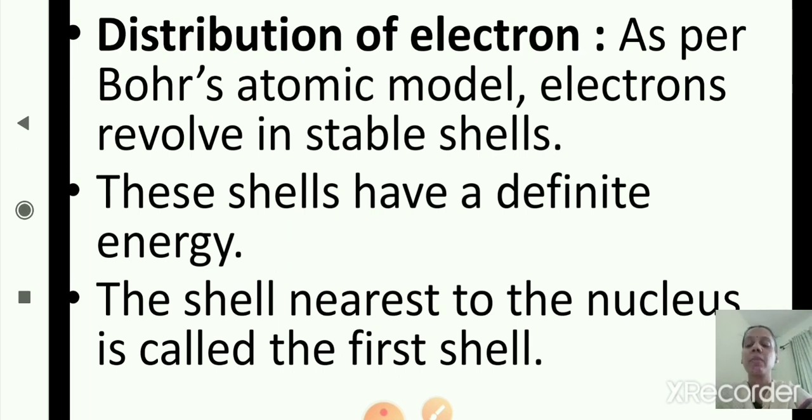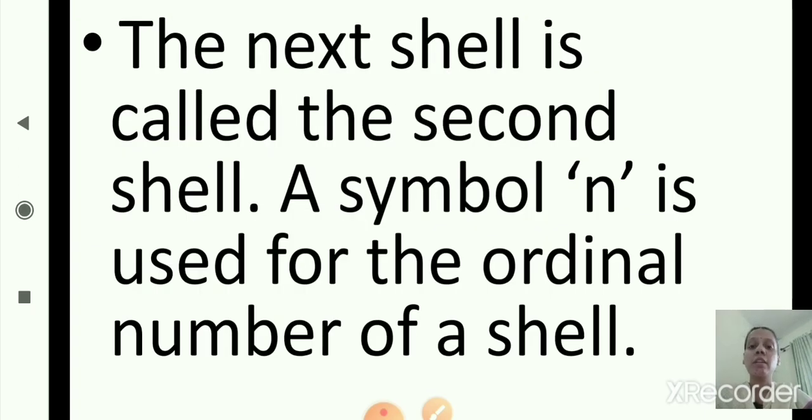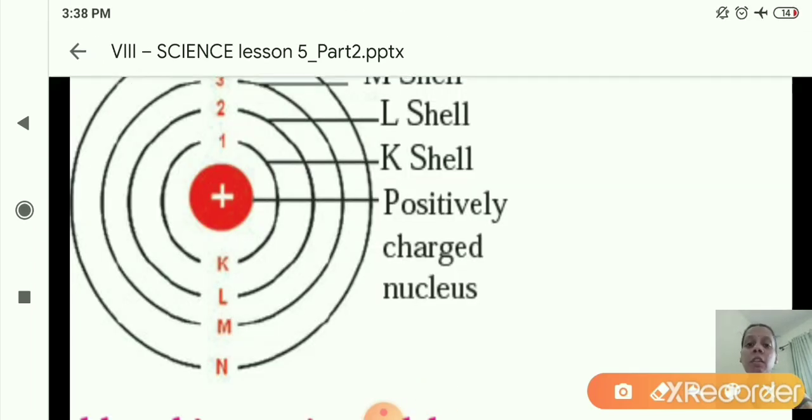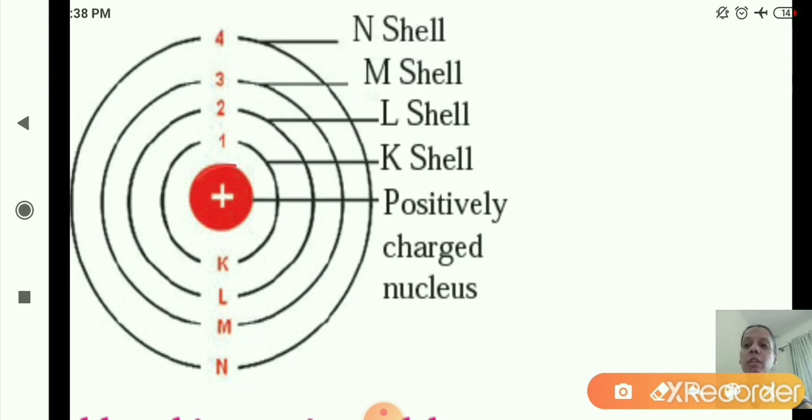highest energy. The shell nearest to the nucleus is called the first shell. Then the next shell is called the second shell. A symbol n is used for the ordinal number of a shell. Now, as you can see here, this is the nucleus.